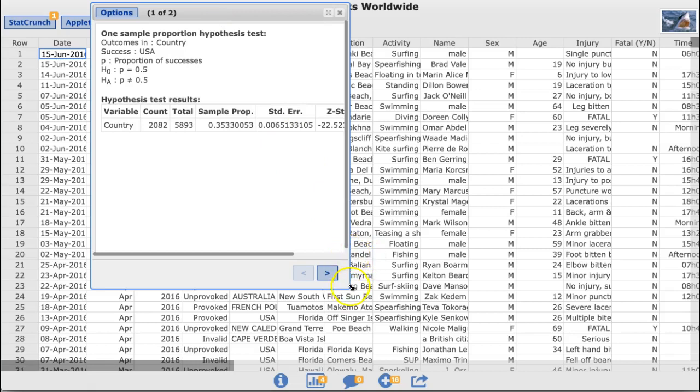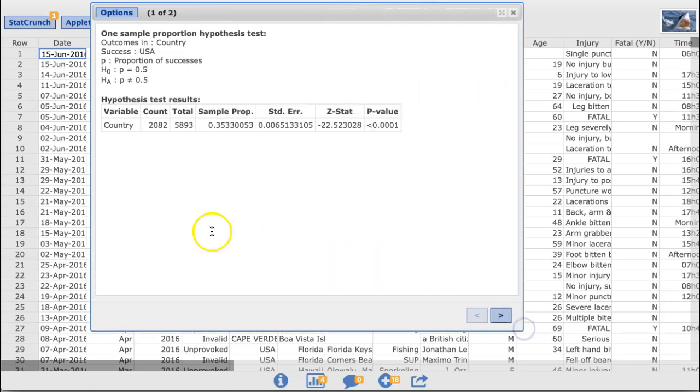So here it's saying successes are USA. This is my null hypothesis, my alternative. It's saying there were 2,082 attacks in the US out of a total of 5,893 attacks recorded in the data. And here the sample proportion is 0.353. So it's definitely smaller than 0.5, but is it significant?